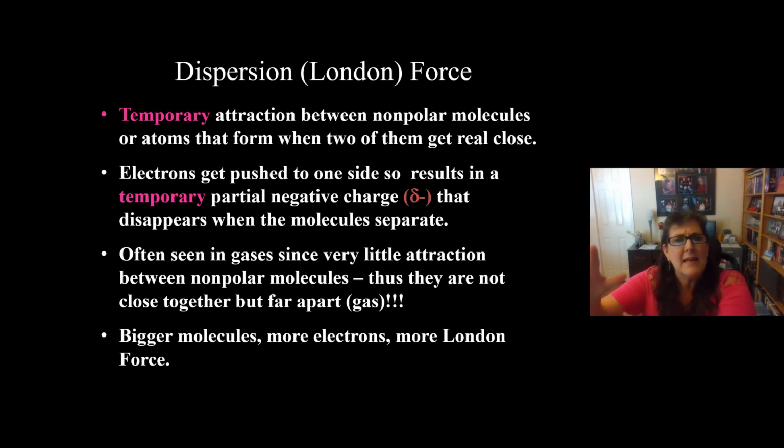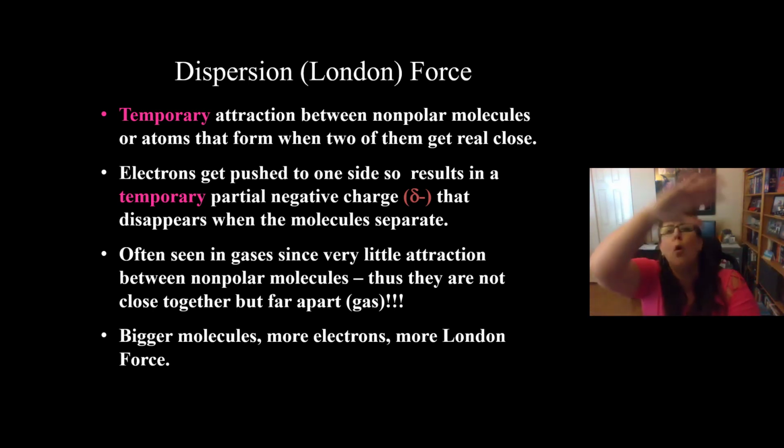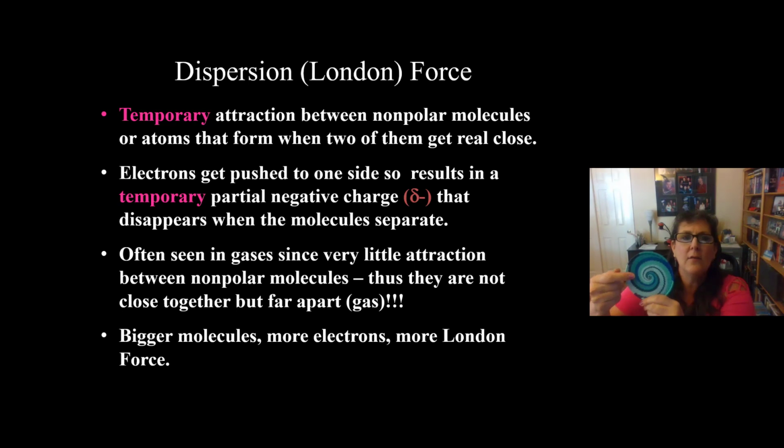So that side's going to be negatively charged for a moment, meaning the other side is a little bit positively charged. And this is just temporary. So again, we're saying the electrons are kind of pushed more to one side. So for a moment in this atom, this side's a little bit negative and this side's a little bit positive.